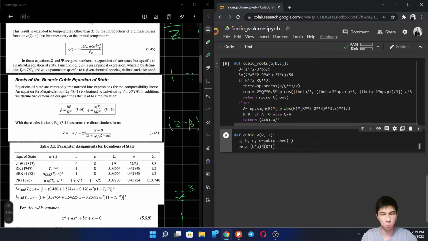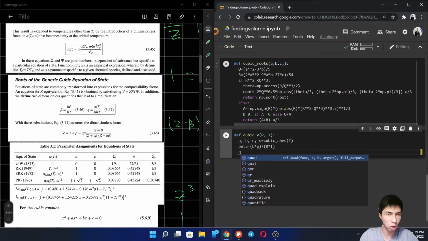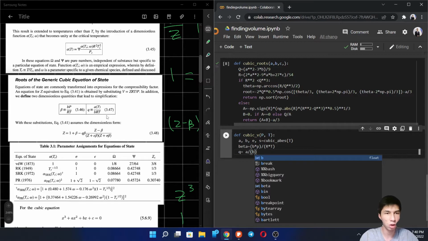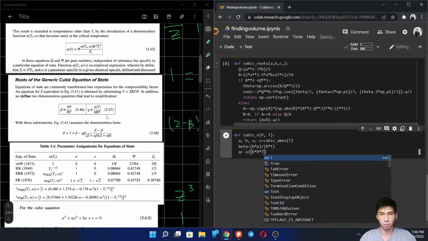So this is our beta, and we have our Q, which is equal to A over BRT. So we're going to have our Q equals A, which is the sphericity of our molecule, multiplied by B, which is the excluded volume, times R, the constant, and temperature.